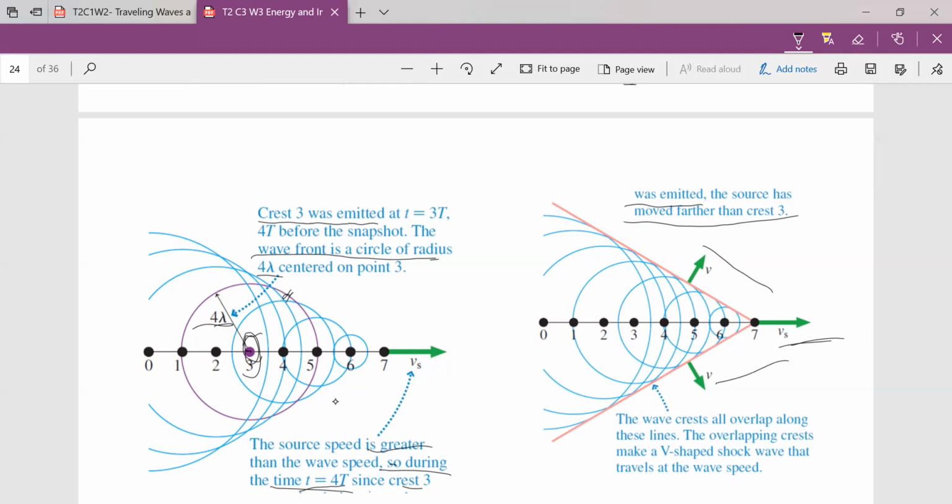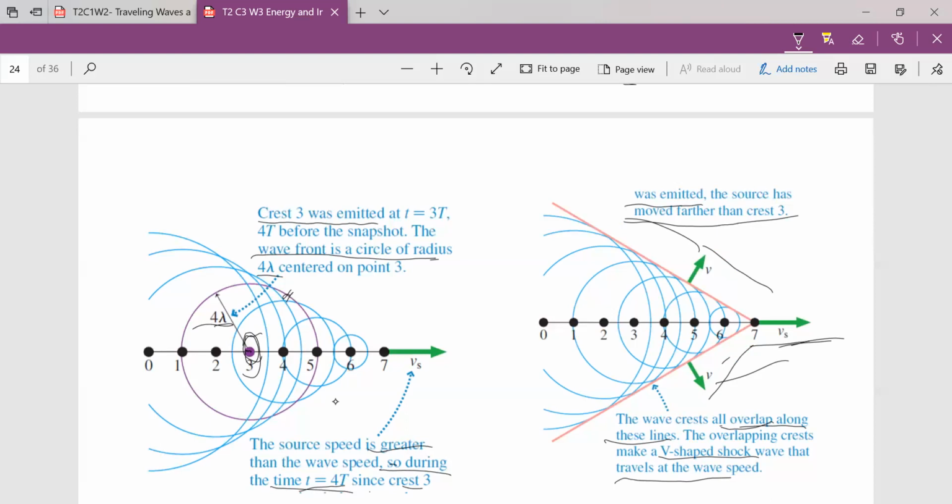So assuming this is the speedboat, you see the water forming that V shape behind the boat. The wave crests all overlap, and as they overlap, the crest is bigger and they form the V shape. It is this V shape that we refer to as the shock wave, which travels at the wave speed away from the source.